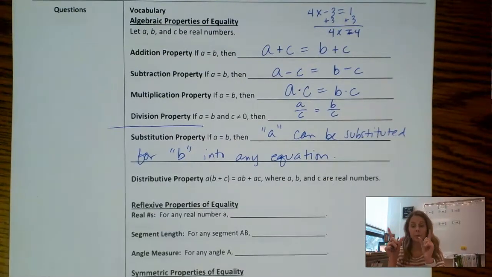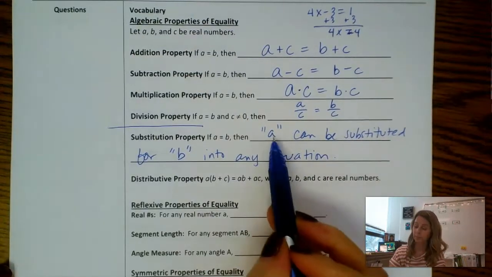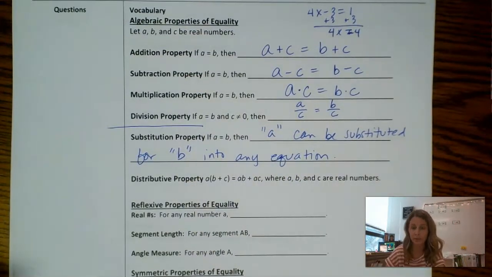So if you have two items that are equal, you can plug one in place of the other. Okay, or you could plug B in place of A. The order doesn't matter. So you're not necessarily applying that on both sides, so we typically would not refer to that as a property of equality because it doesn't keep that equation in balance.